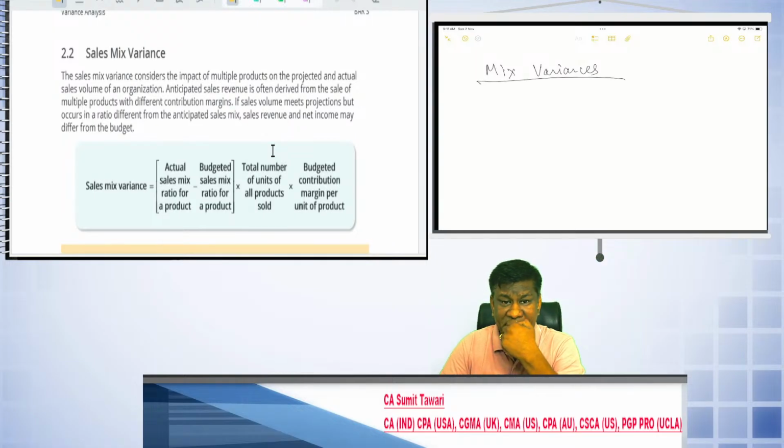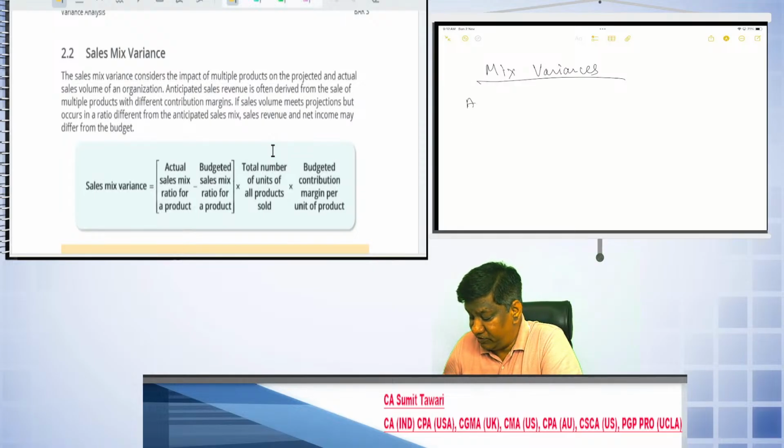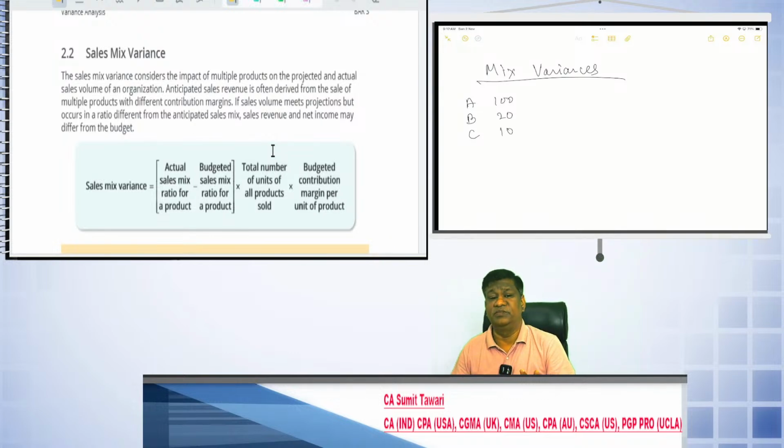So what happened? Say I'm selling A product, B product, and C product. I assume when I'm selling 100 quantity of A product, I'm selling 20 of B and 10 of C. Every product has some contribution margin. So if I maintain this ratio, then and only then I'm able to generate a profit.